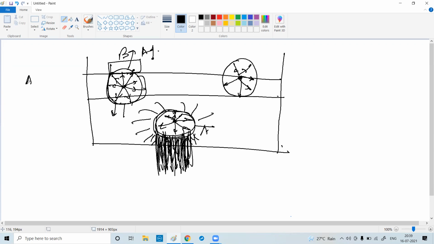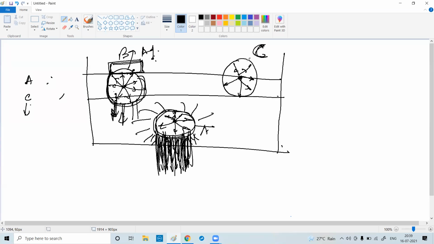Since the smaller part of the water molecule is exposed to the air, the adhesive forces are very, very weak. Cohesive forces are very, very high. And since the cohesive forces are very, very high, this sphere will also get pulled towards the downward direction. Is it clear or not? Yes, sir.